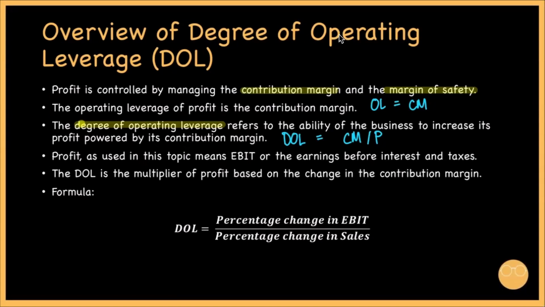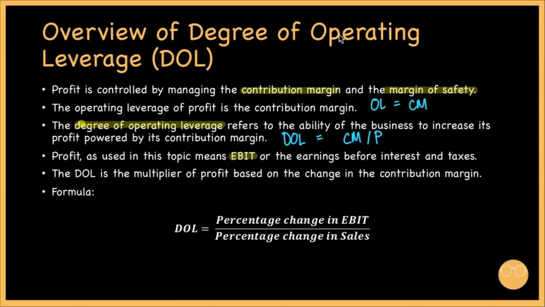Hence, profit as used in this topic means that we are only using the EBIT, or the earnings before interest and taxes. If the problem gives us an after-tax profit, then we should be able to convert it to before-tax profit.